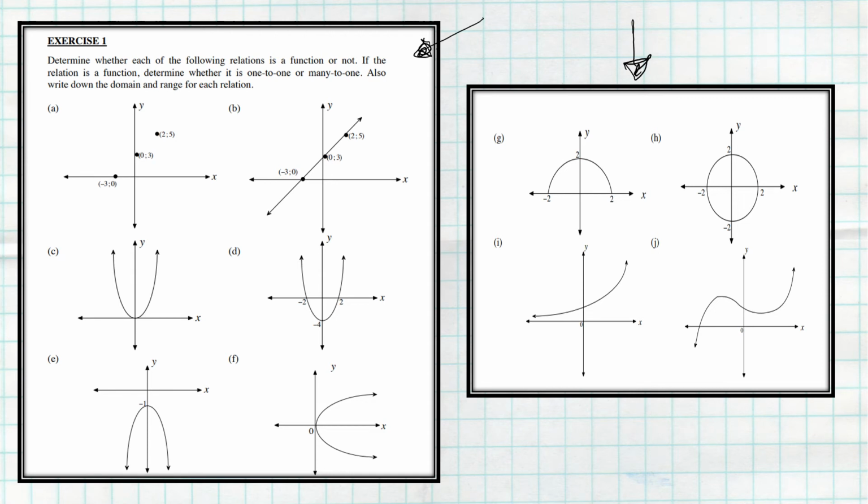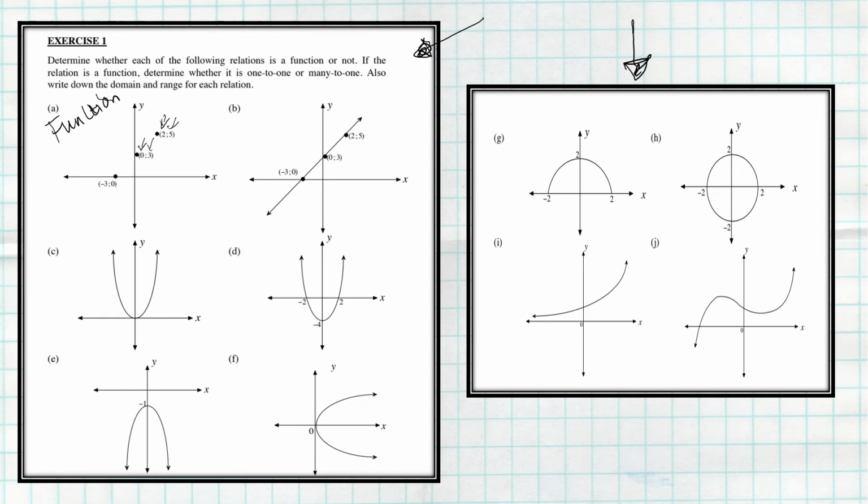Okay, A. Let's take a look at A. It's this relation. So if you check your x is 2, you get y as 5. X is 0, you get y as 3. X is minus 3, you get your y as 0. You can see that for each value of x, there's only one value of y, right? So this is a function.